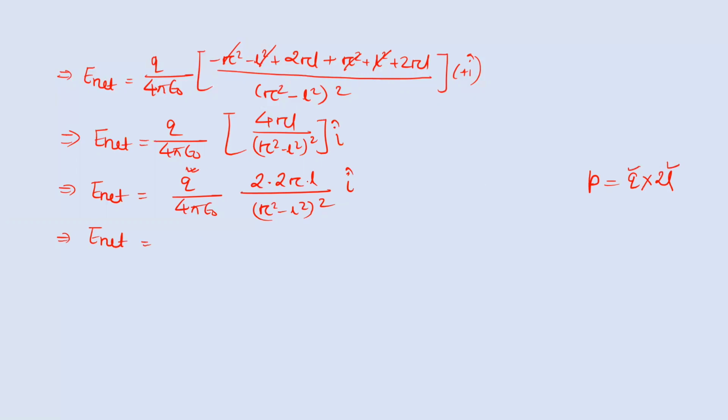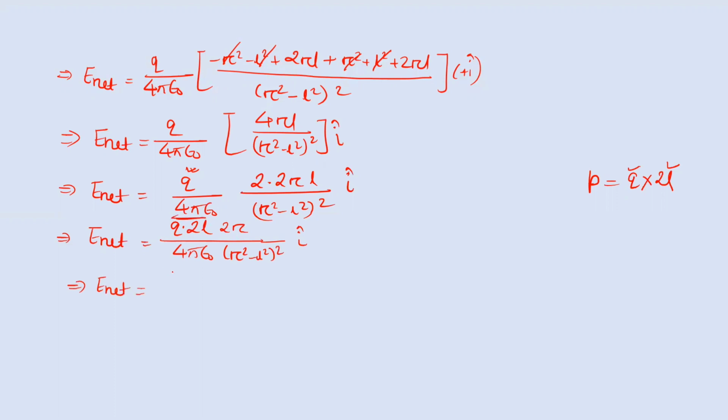So I'll just take Q and 2L on one side. I'm rearranging it as Q 2L, and this side I am writing 2R divided by 4 pi epsilon naught, within the bracket R square minus L square whole square, I cap. So we will substitute the value of P here for this Q into 2L.